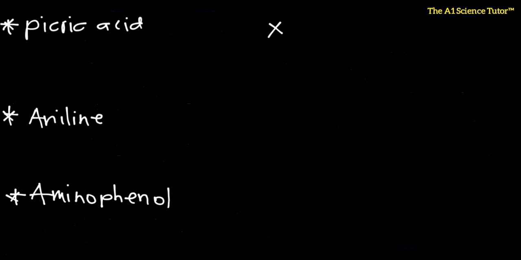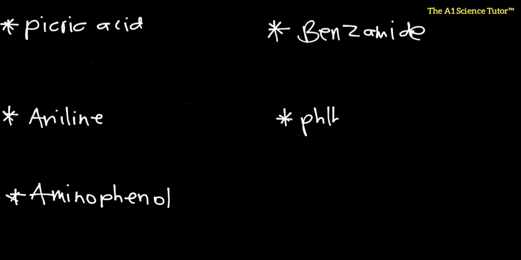Let us write out another one. So let's say you are given another one. Benzamide. And we have phthalimide. And if you can, you could pause the video and try doing it by yourself.